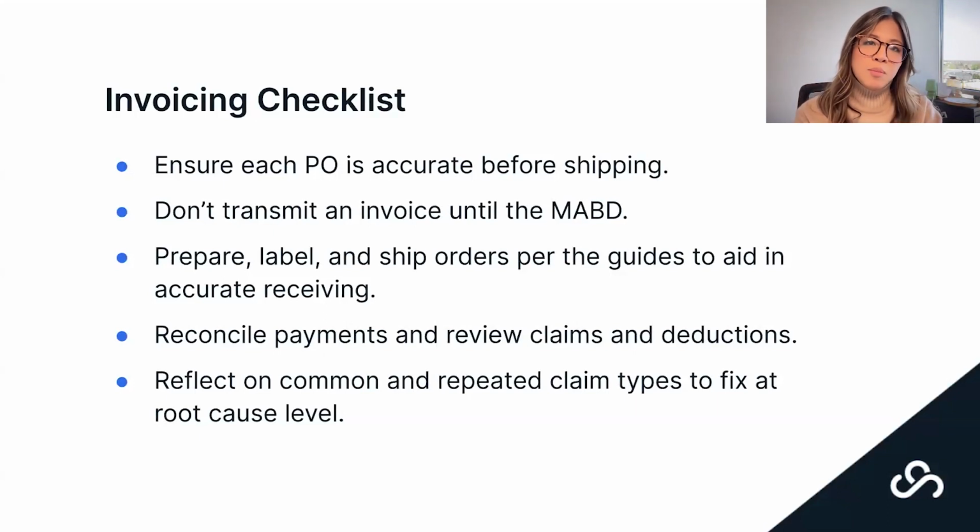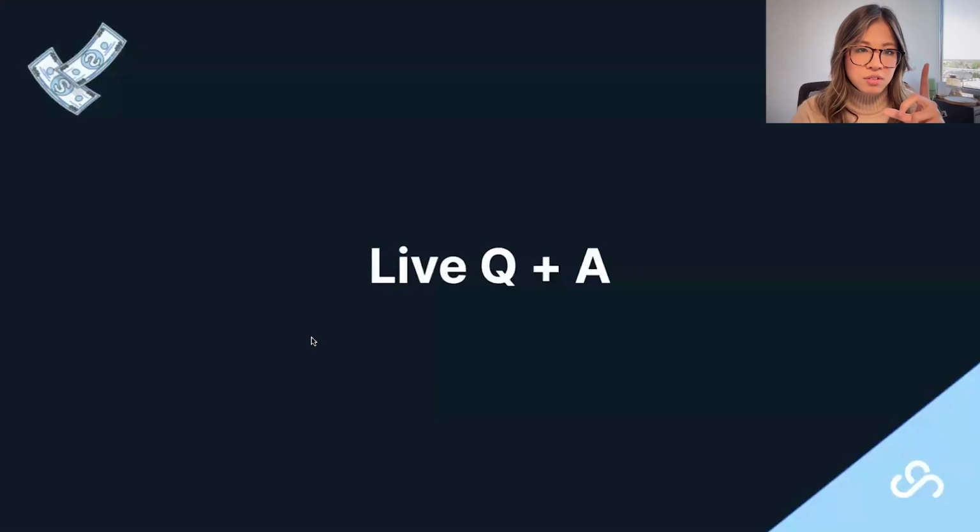So it's always important to get into the data whenever you can, to understand what's happening, identify the issues, and put a strategy in place to counter those root causes.